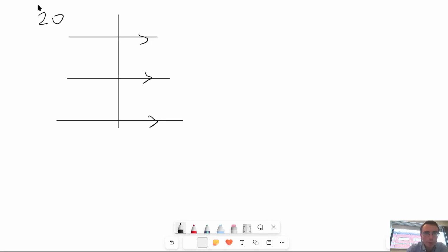Okay, question 20. We have a rod that's being moved in a magnetic field. So this here is my magnetic field lines, and this here is the rod. Okay, the only way we're going to get an induction is if the surface area cuts through. So this here is a side view.